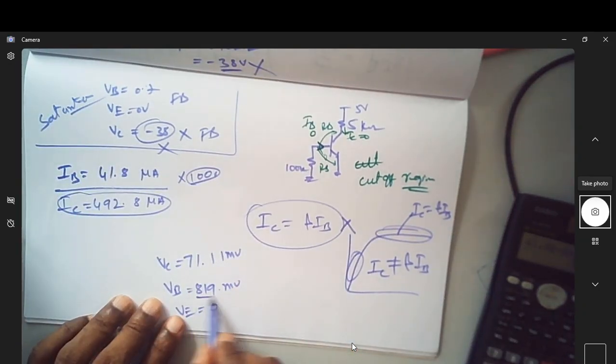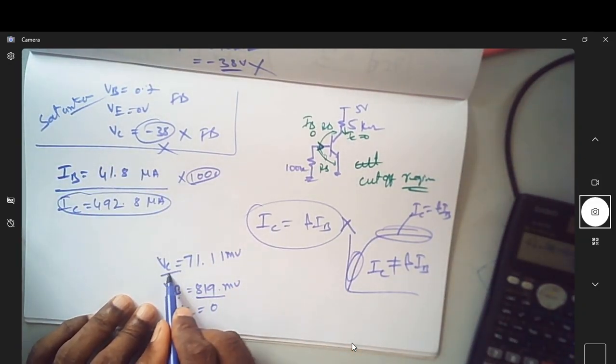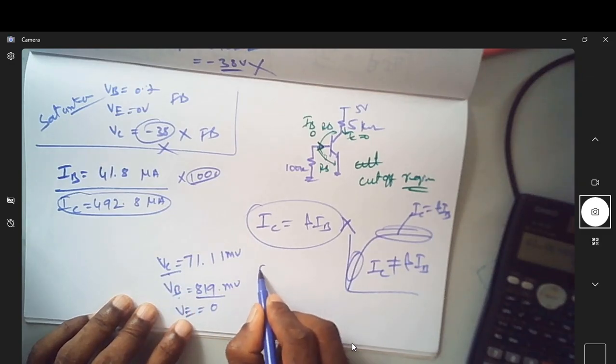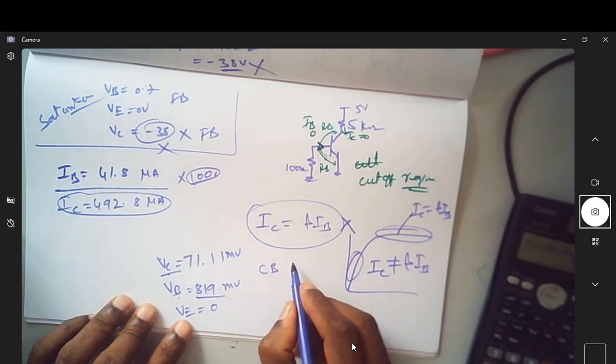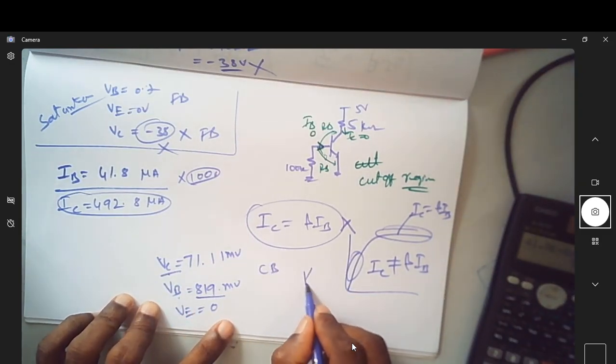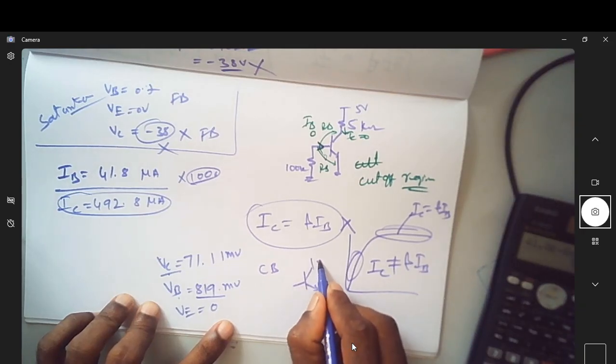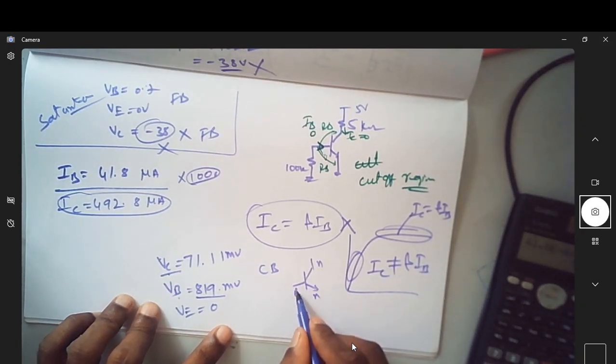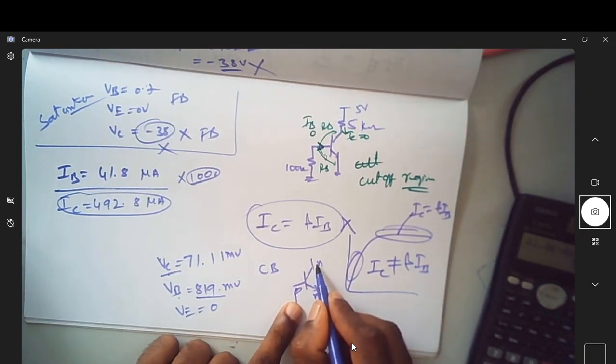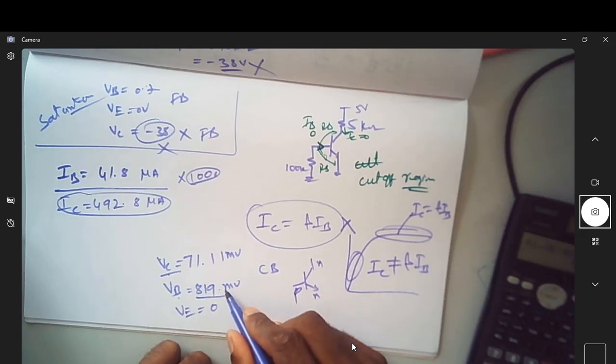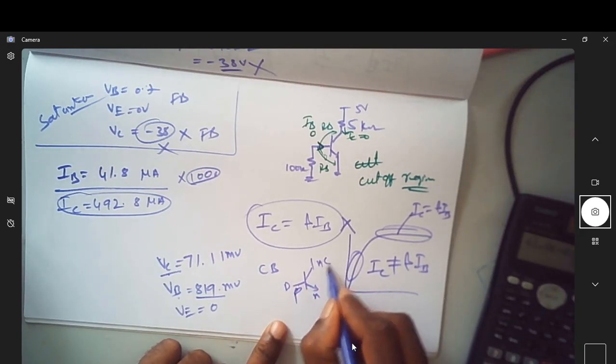Can you see the base voltage is more than the collector voltage? This is N, P, N. So P is at a higher potential compared to N. This is base, this is collector.